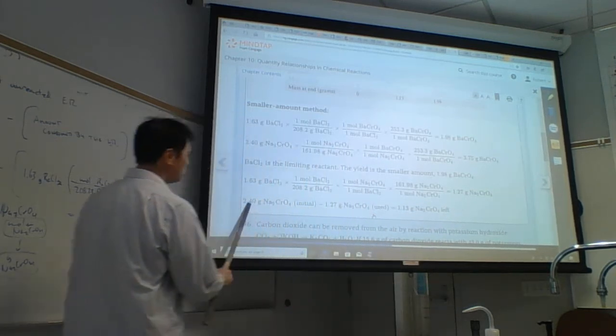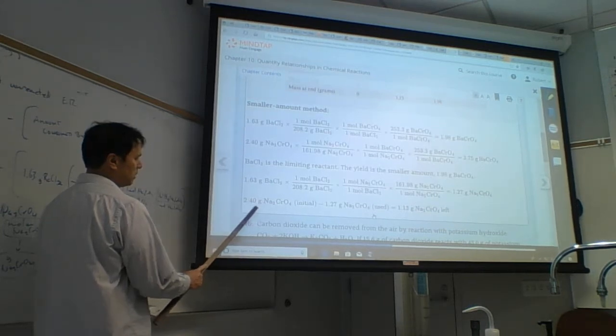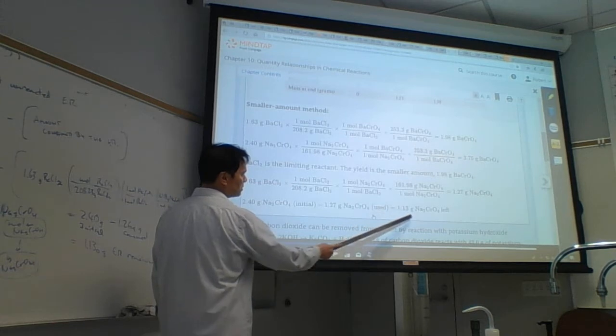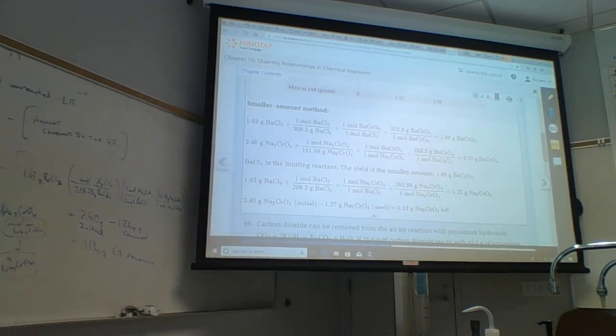However, we were given 2.40, well more than what was required. And so this is the initial minus the amount that was used or consumed, and this is the amount that's left over, 1.13 grams, which we got here. The amount left over. So that's a typical limiting reactant problem.